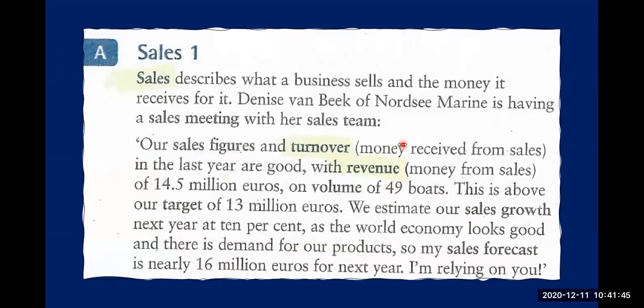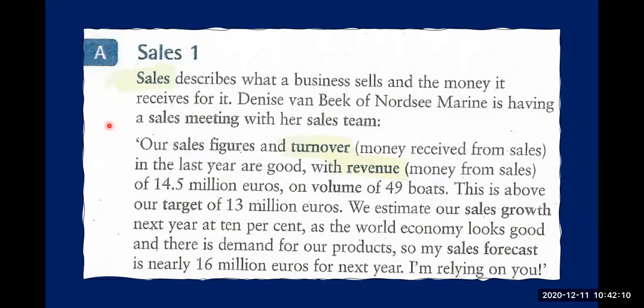Okay, Mariuxi, can you please help us read this paragraph, our sales? Yes, Miss. Our sales figures and turnover, money received from sales in the last year, are good, with revenue, money from sales, of 14.5 million euros on a volume of 49 boats.